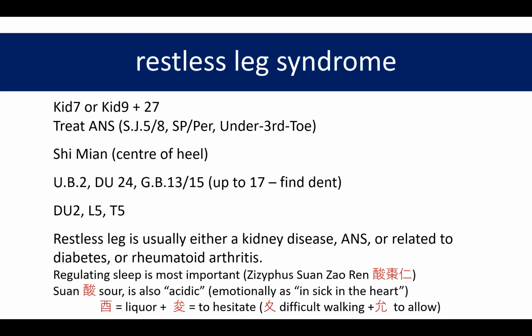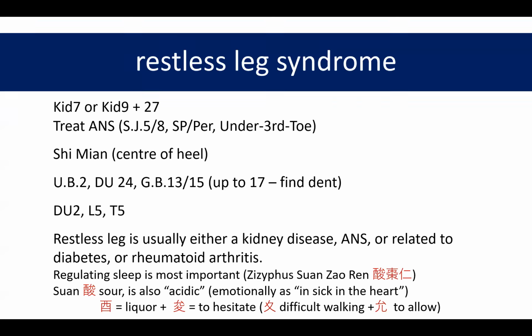Then you can also look at, see if you need to add things like bladder 2, du 24, gallbladder 13, 15, or 17, the fear area on the left side. And on the back, I do T5 and L5, because L5 relates to the legs, and T5 relates to the shin. Okay, so restless leg is a weird combination of both. It's a kidney issue or it's an autonomic nervous system issue.